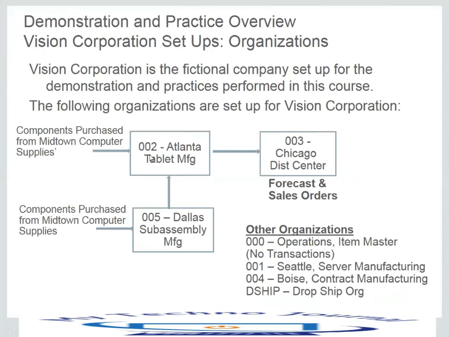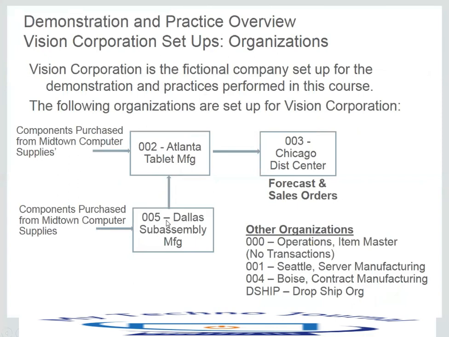Okay. Then you have 002 as an organization code, and Atlanta is the organization name for tablet manufacturing. This is the manufacturing unit where tablet as a product is getting manufactured, and all the components required to produce that are coming from one supplier called Midtown Computer Supplies.